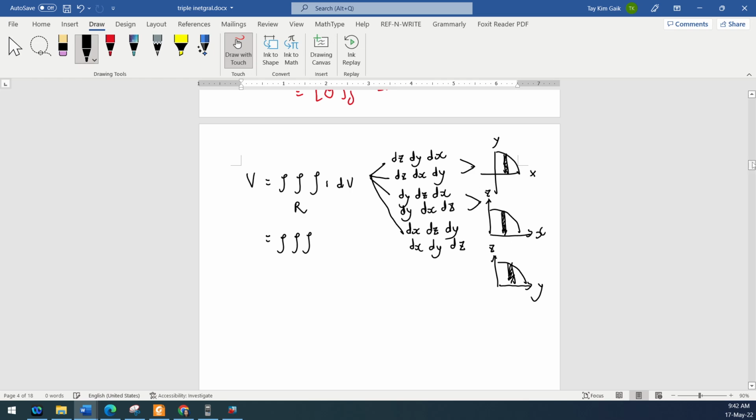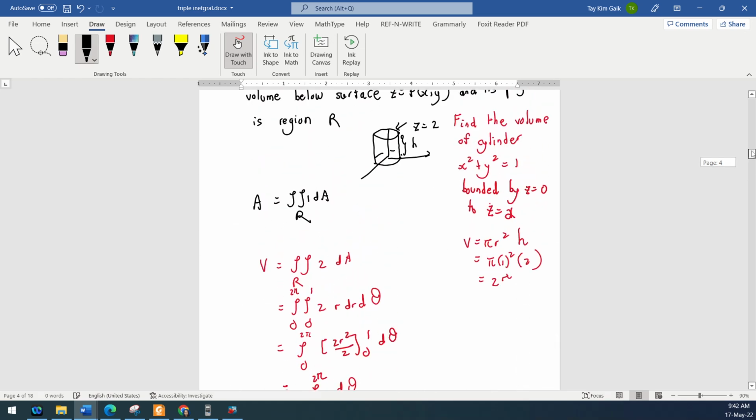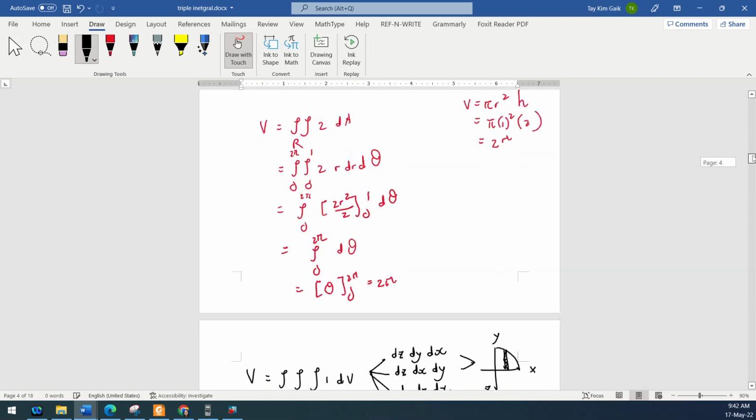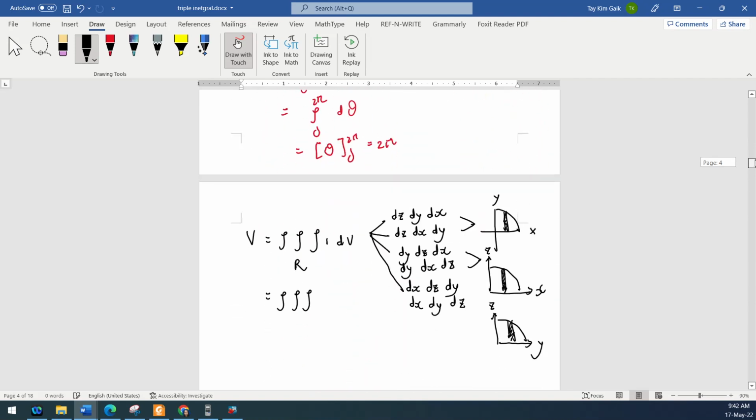But if you want to find the cylinder, because the region R is circular, so far from these three, we'll use cylindrical coordinates.